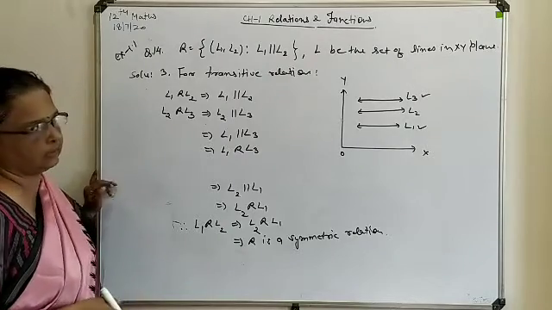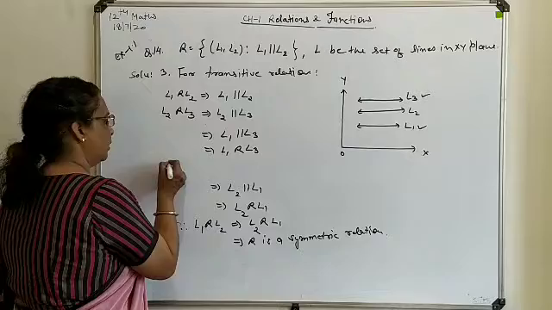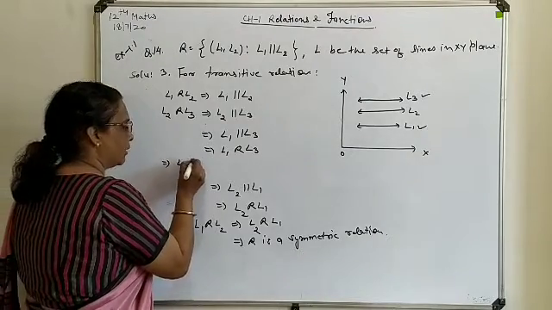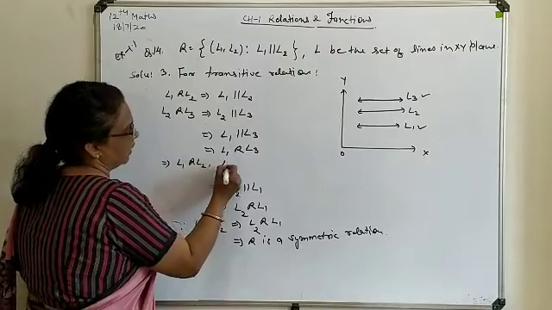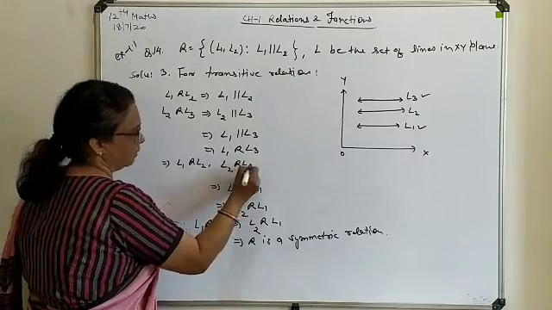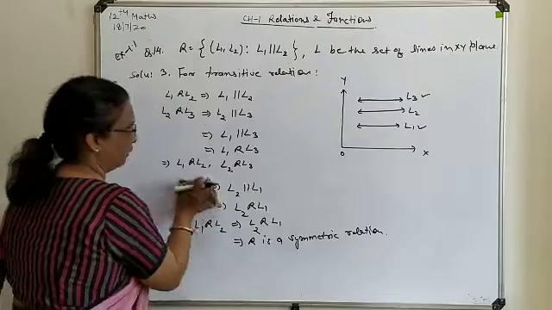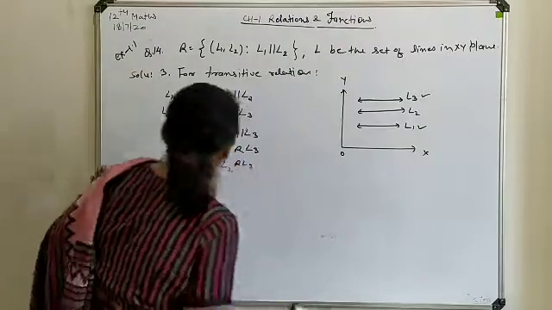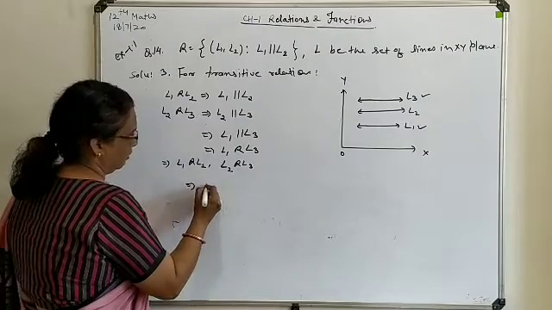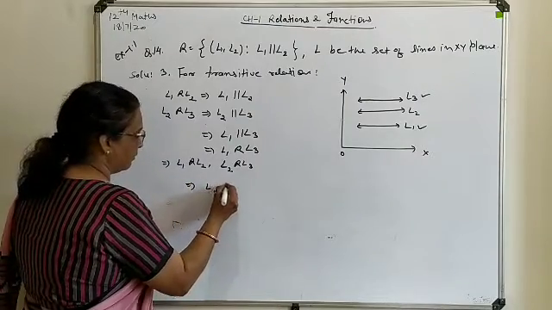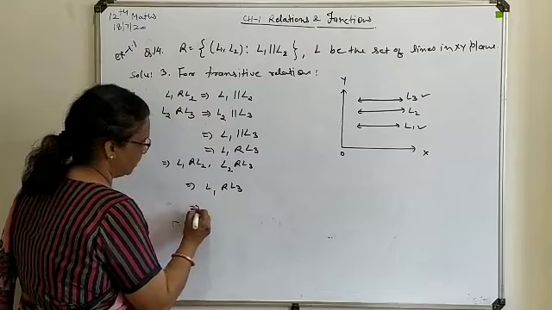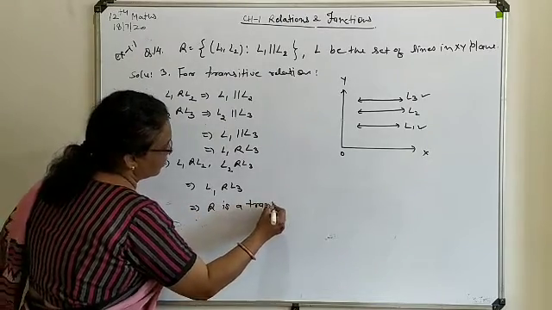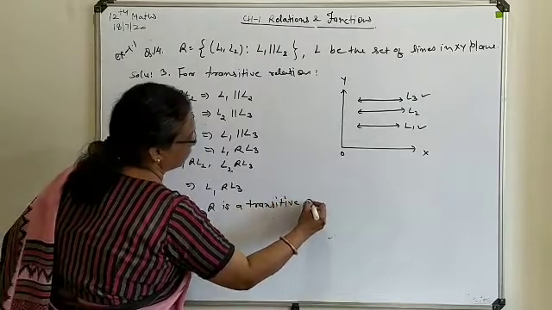So the third one also we have stated here. L1 relates to L2, L2 relates with L3. As a conclusion, we got L1 relates with L3. That means R is a transitive relation.